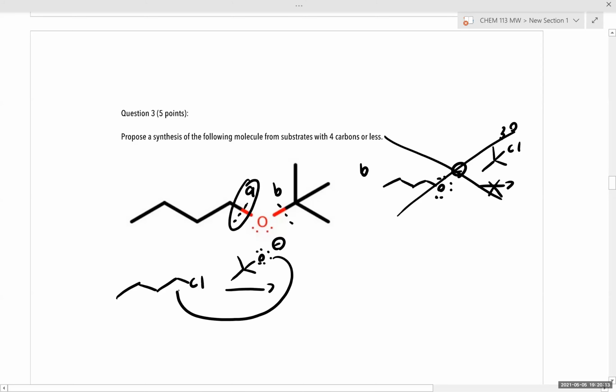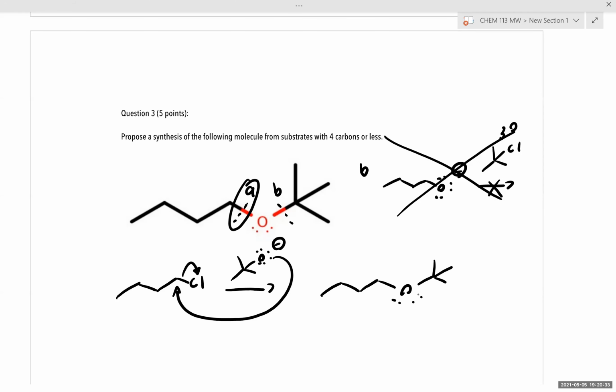From here, we have just a textbook SN2 reaction, and that gives us our desired ether product. So this is the classic Williamson ether synthesis. Does this example make sense to everyone? Are there any questions on this example before we move on?